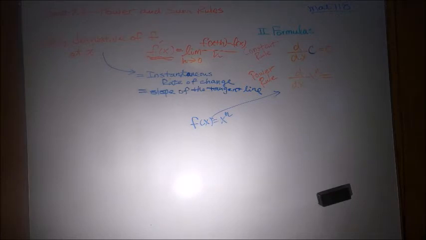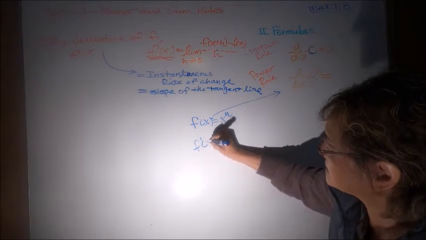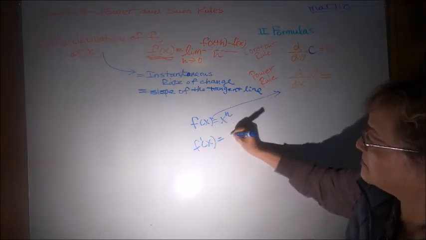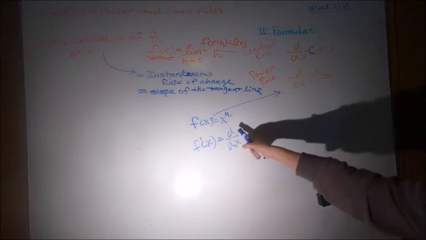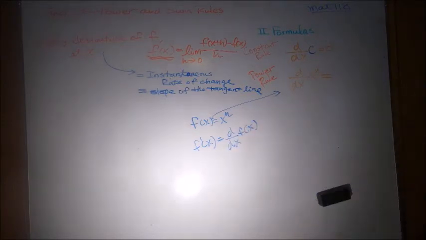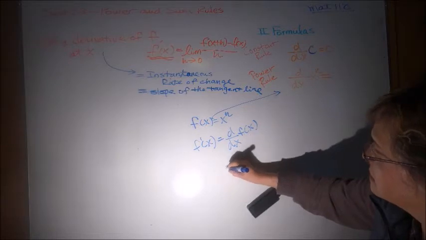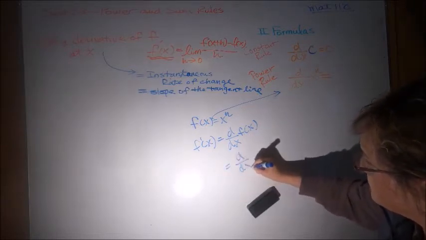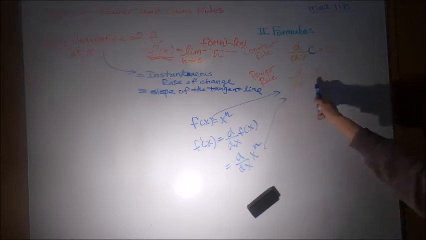So in the power rule, my f prime of x is the same thing as, written with a different symbol, d over dx of f of x. Then f of x is x to the n, so we write d/dx of x^n.